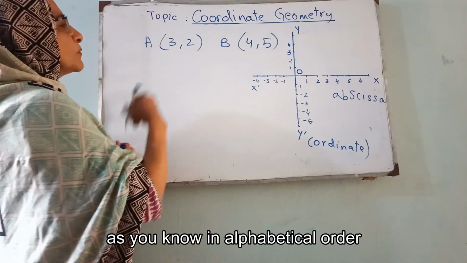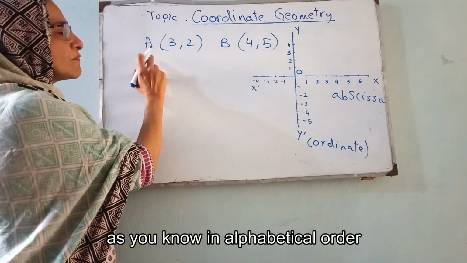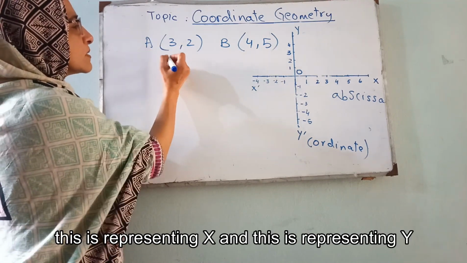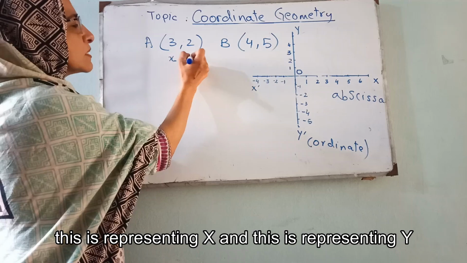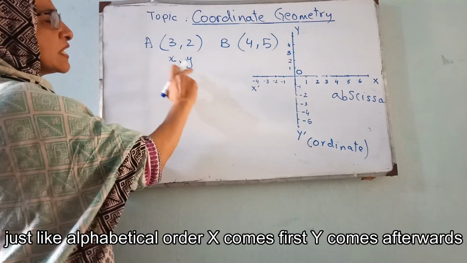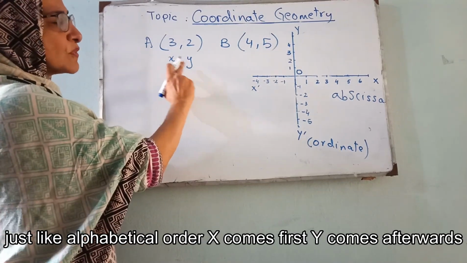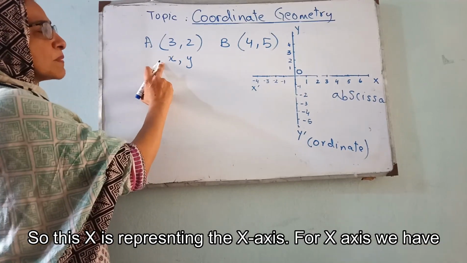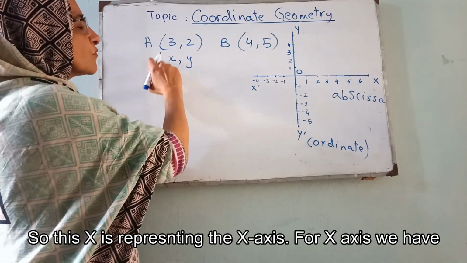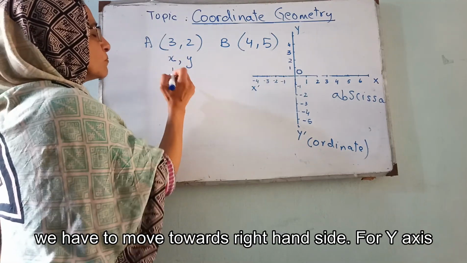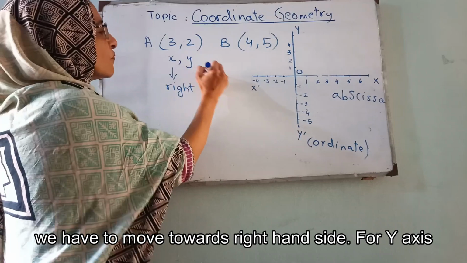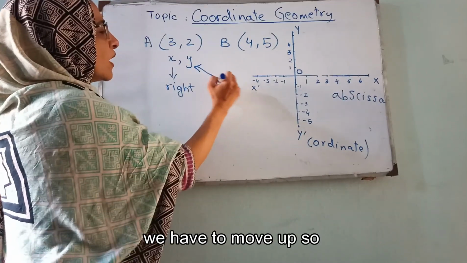As you know, in alphabetical order, this is representing x, this is representing y. Just like alphabetical order, x comes first, y comes afterward. So for the x-axis, we have to move towards our right hand side. For the y-axis, we have to move up.